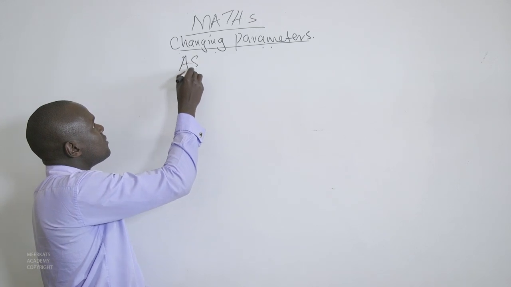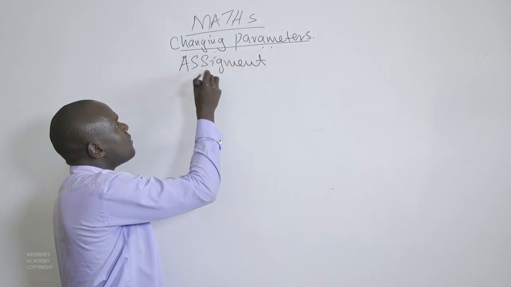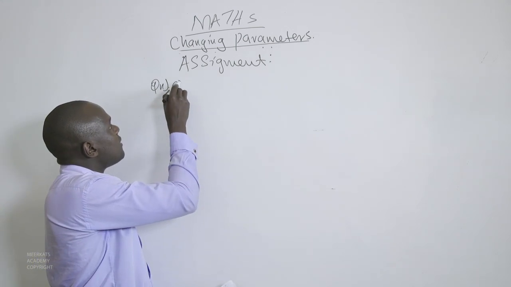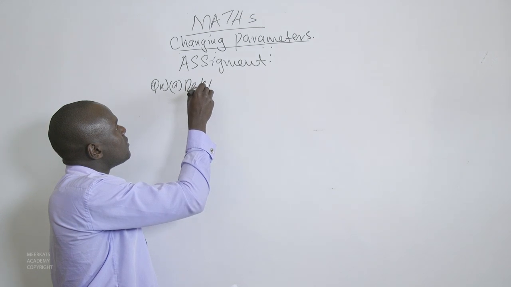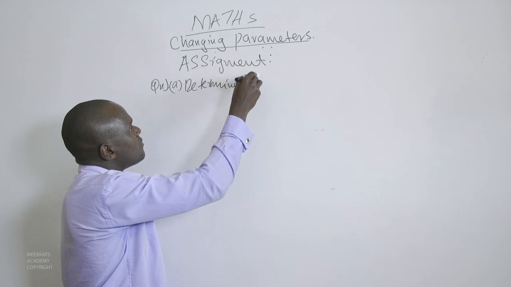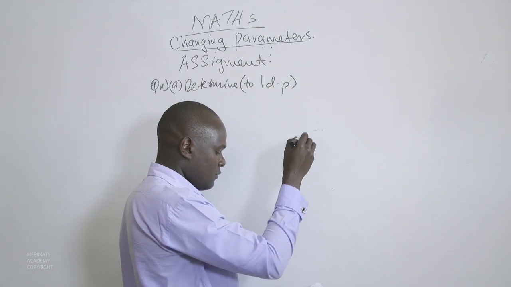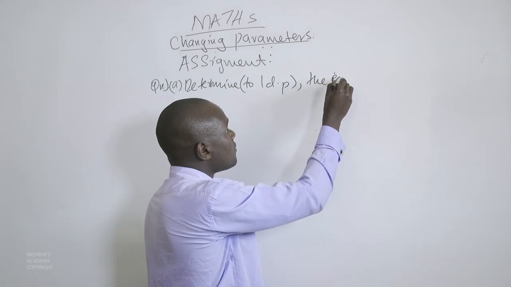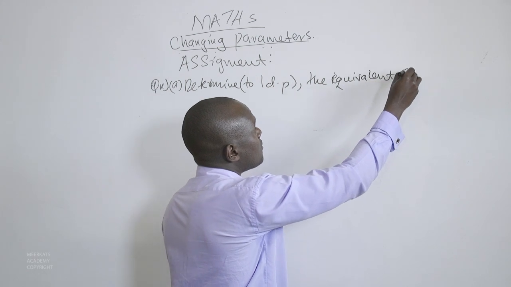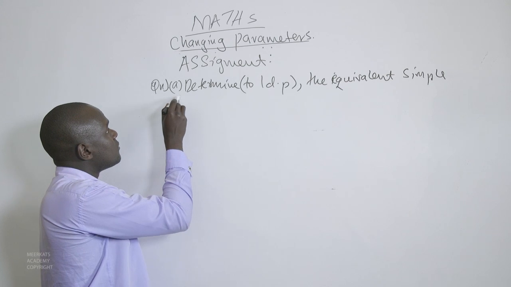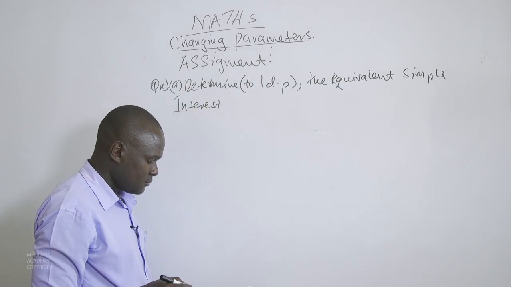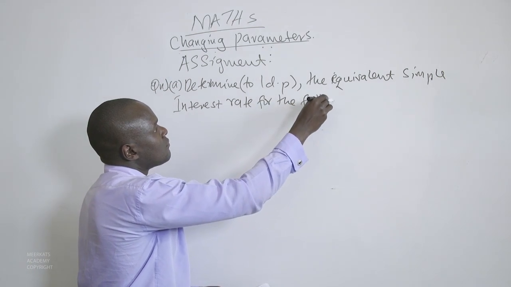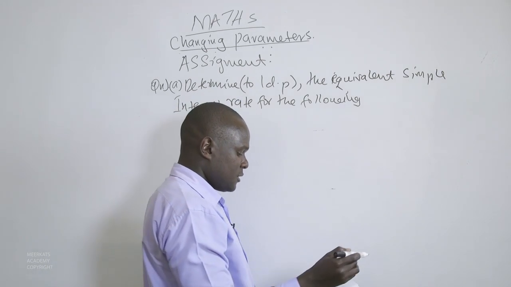In this assignment, we are told to determine to one decimal place, A, the equivalent simple interest rate for the following investments over 3 years.